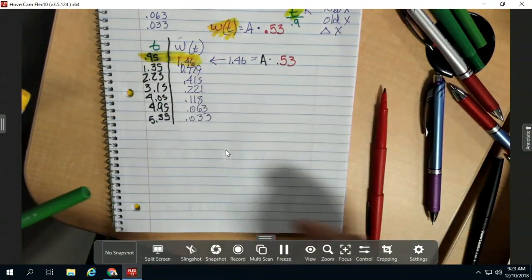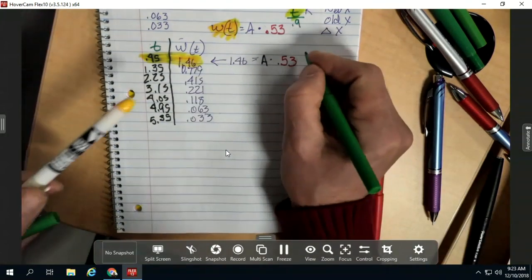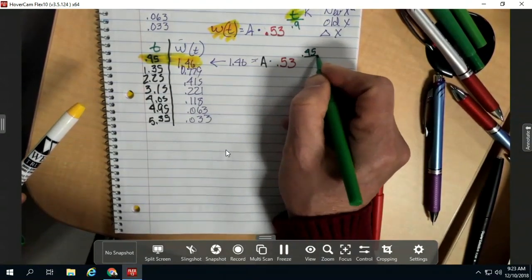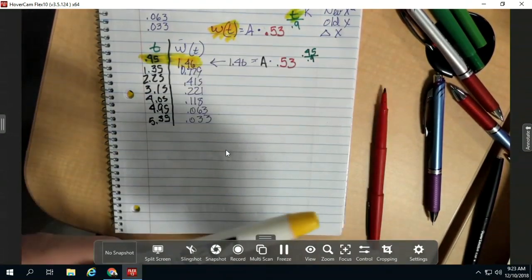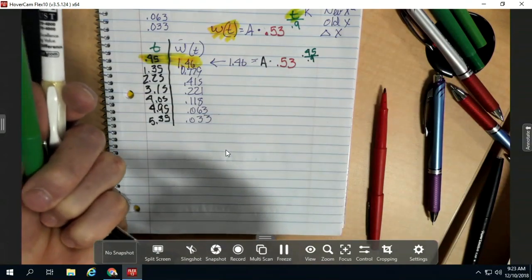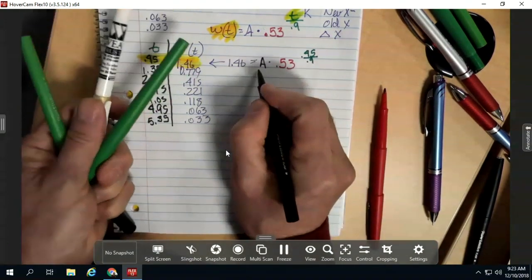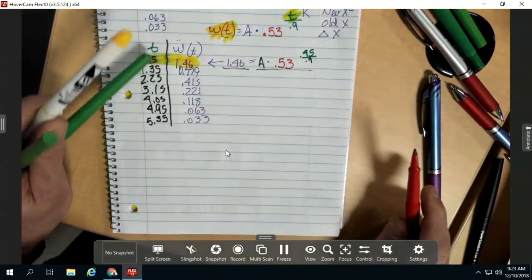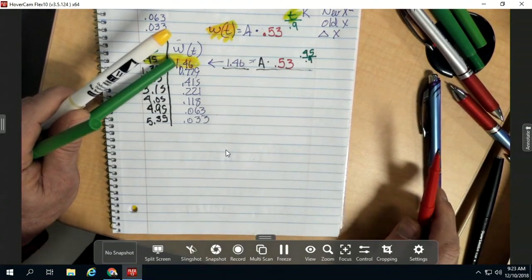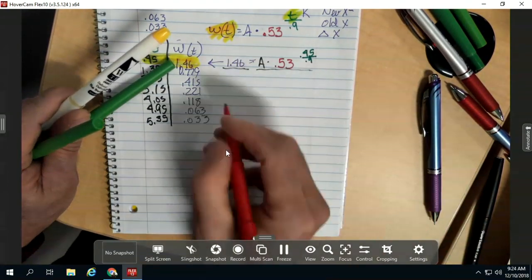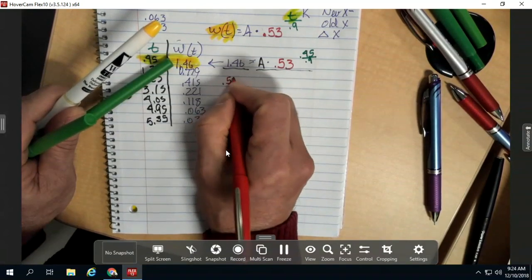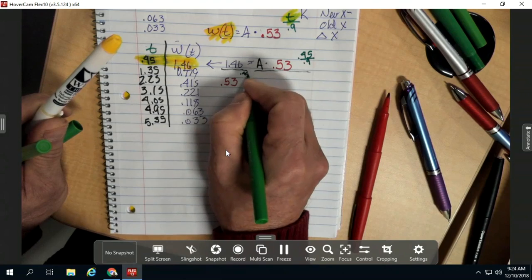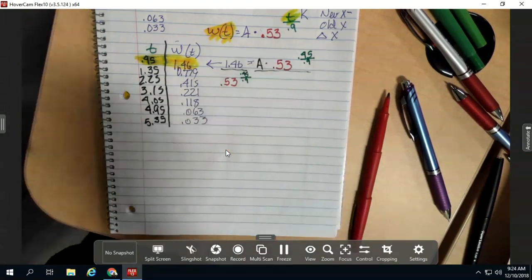To the 0.45, that's our time, over 0.9. How do we get the A all alone? Divide both sides by 0.53 to the 0.45 over 0.9.